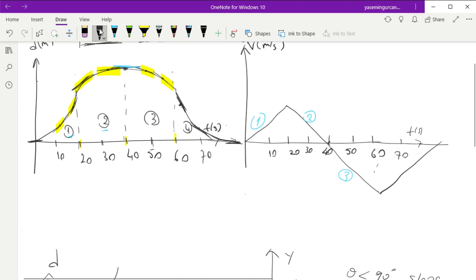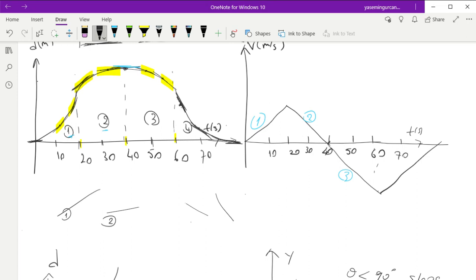You can also keep that in mind: whenever you look at a line like this or this, they're positive, okay? A line like this or this is a negative slope. These two are positive, these two are negative. This one, the first one, has a bigger slope than the second one.